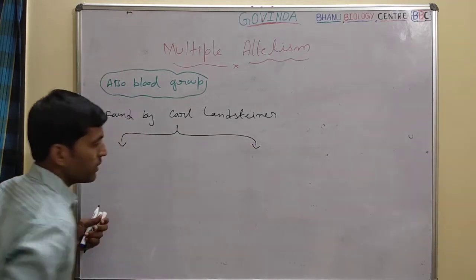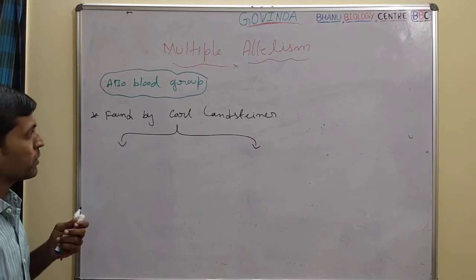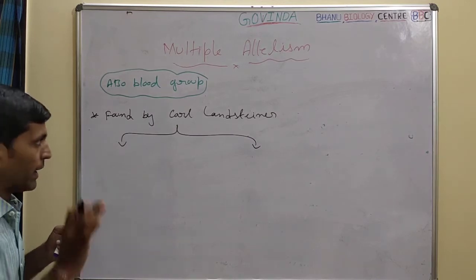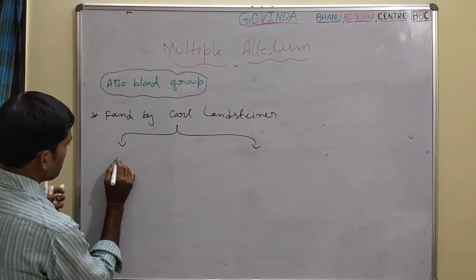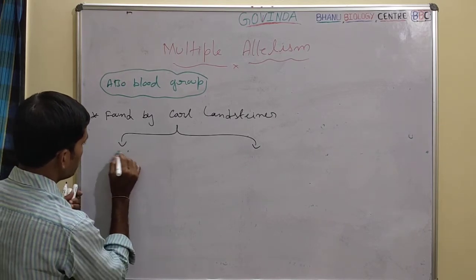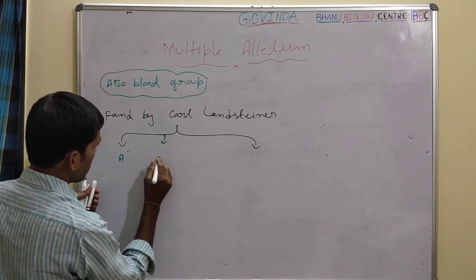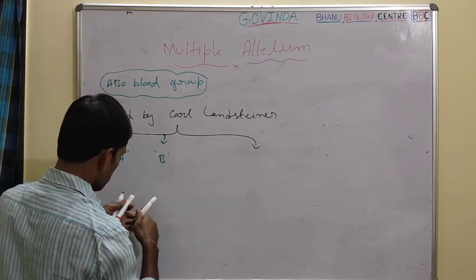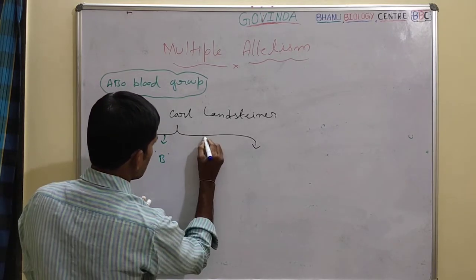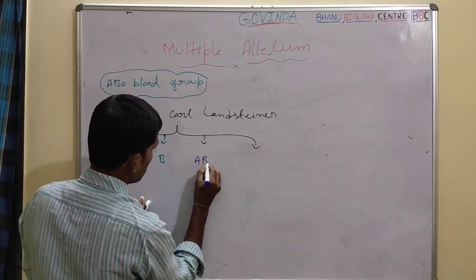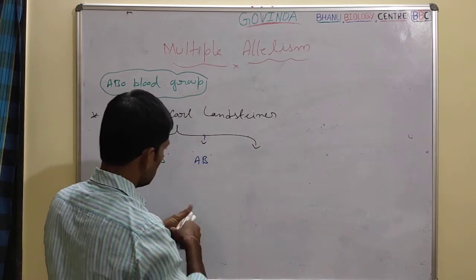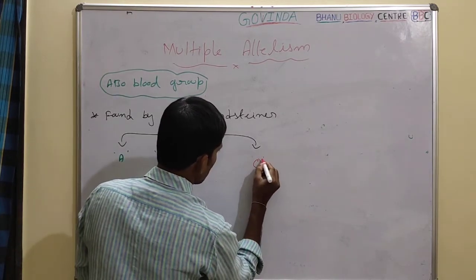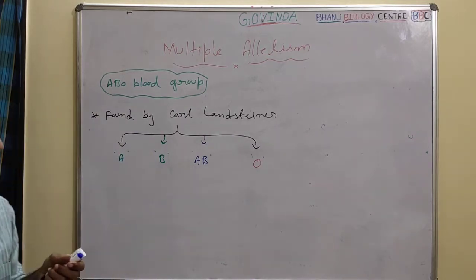He divided human beings into 4 groups based on the presence of antigens. The first group is A blood group, the second is B blood group, the third is AB blood group, and the fourth is O blood group.